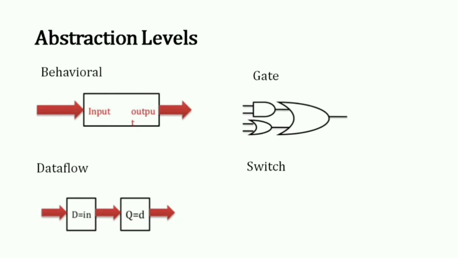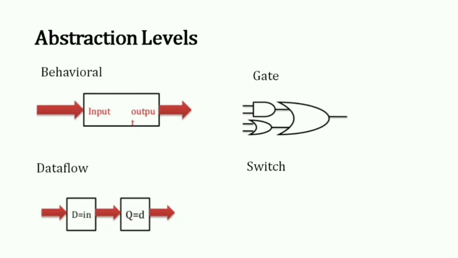Those outputs flow to the second OR gate, which gives a single output. So here we design in terms of gates. There are three gates: the first is an AND gate, the second is an OR gate, and the third is an OR gate. So in terms of gates, we'll design.